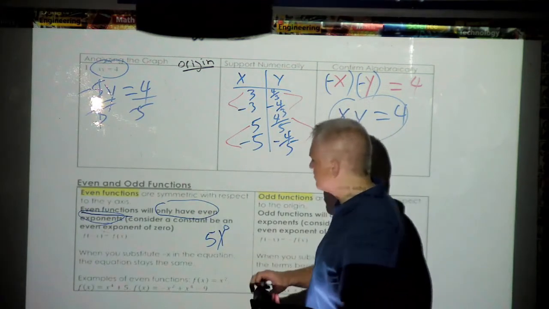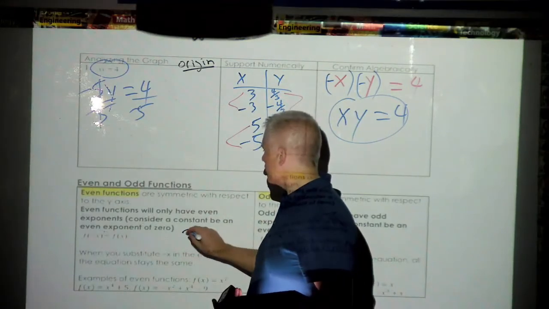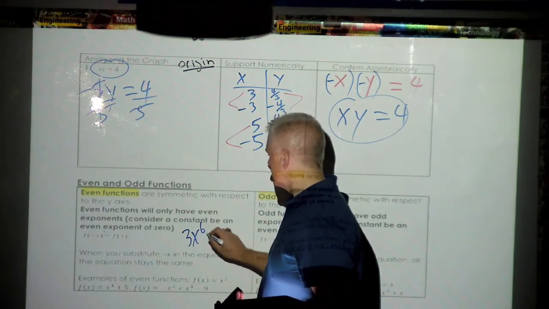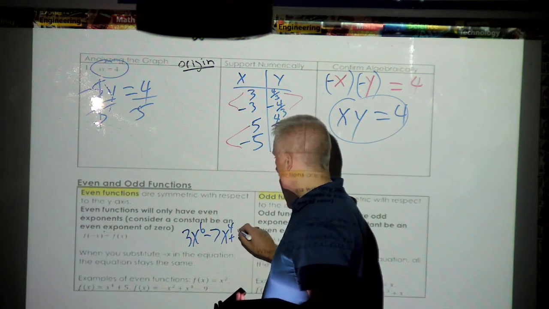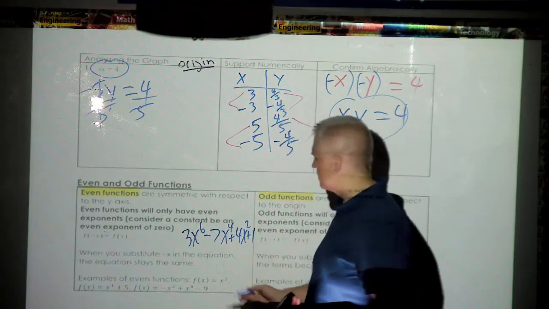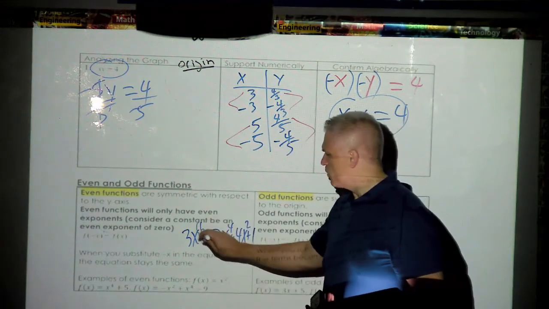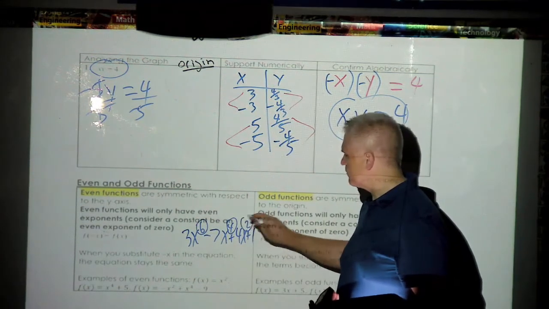So if you have something like 3x to the 6th minus 7x to the 4th plus 4x squared plus 1. The exponent for x is even. The exponent for x is even. The exponent for x is even.